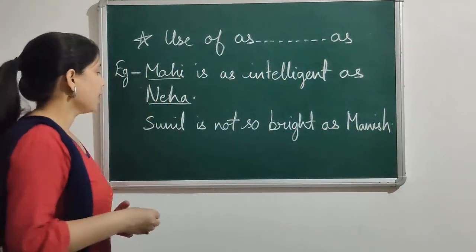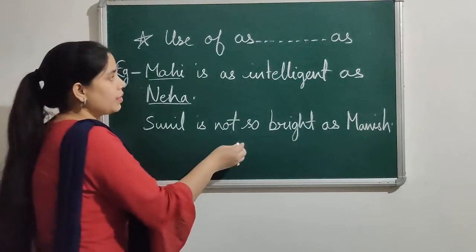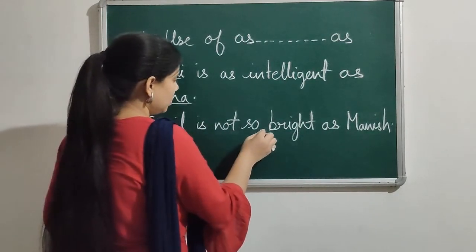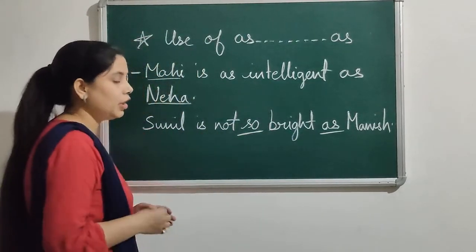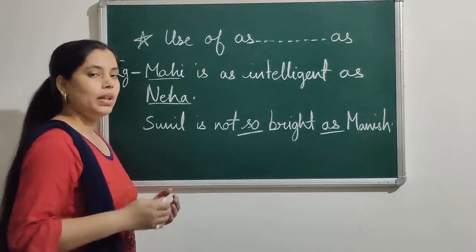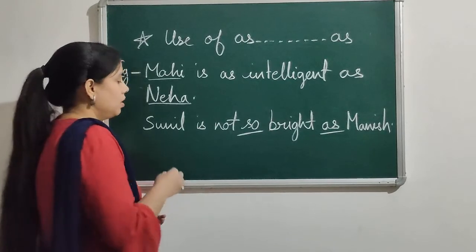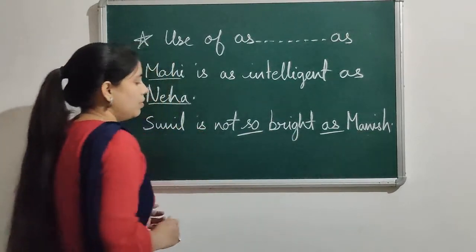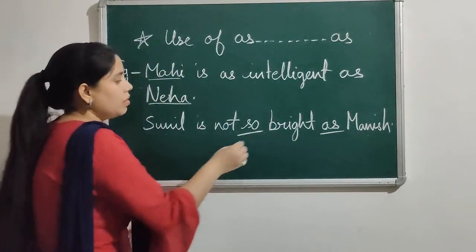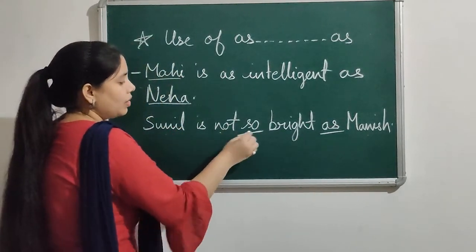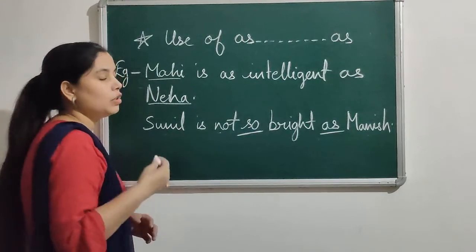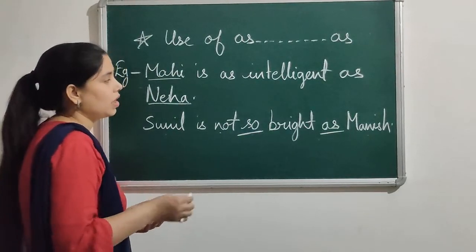See, here also I have used so and as to show the dissimilarity, or we can say the difference, between the two nouns or two objects. To show the difference we use not so as, but to show the similarity between the two things we use as as.